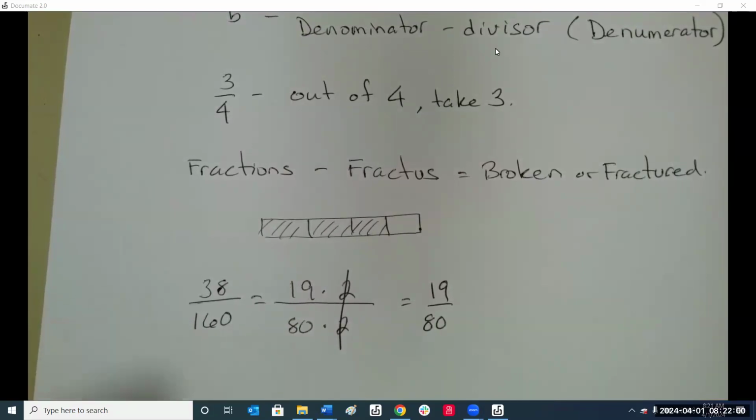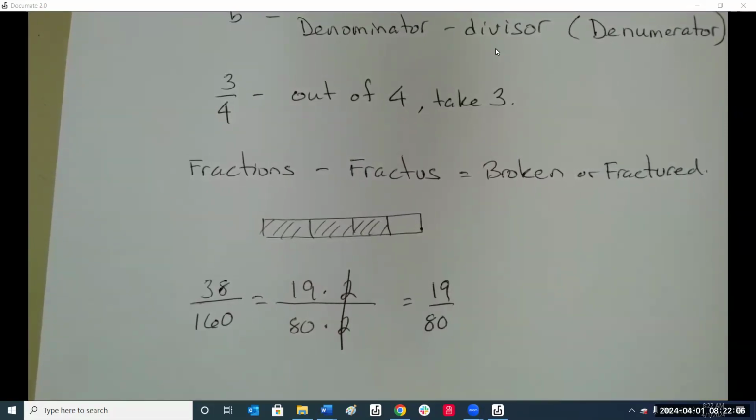If you did that in your head, you said they both have a 2 in common, so you can cancel them out. We talked about that earlier with prime factorization. We learned how to factorize each number. This is what we use it for. Is there another method?